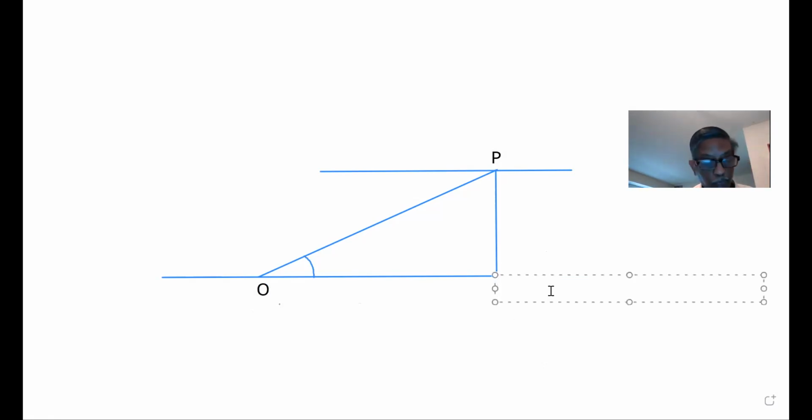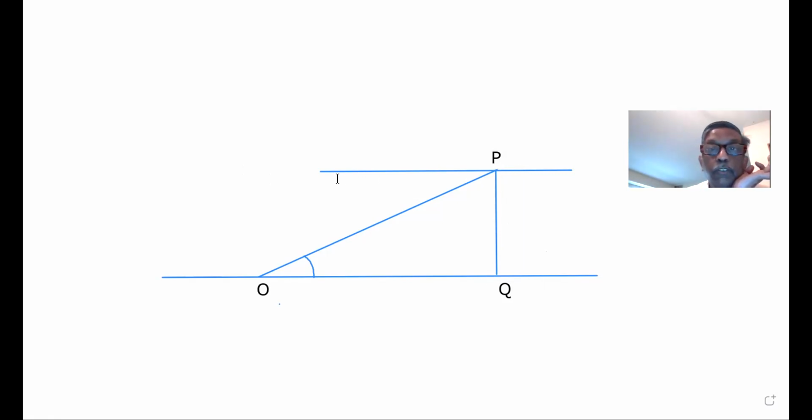Give it a name, Q. So PQ we know is 2000 feet, right? Although I could have drawn this thing, this is changing. PQ is not changing. Theta is changing. PQ is fixed at 2000 feet.